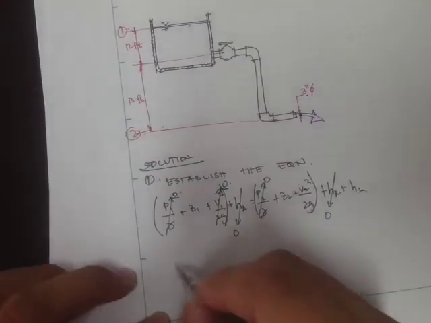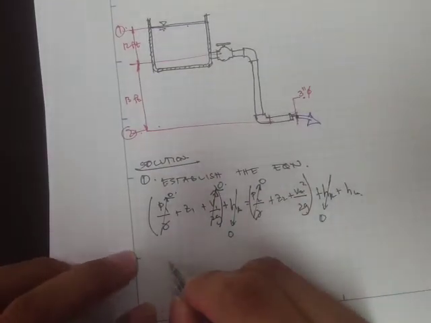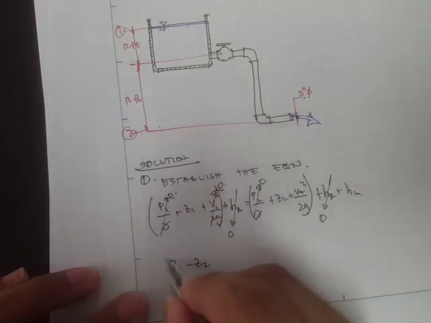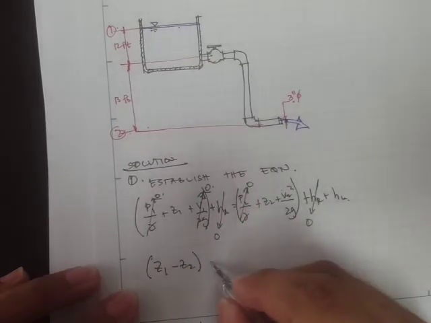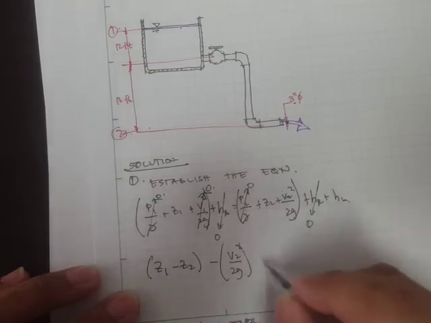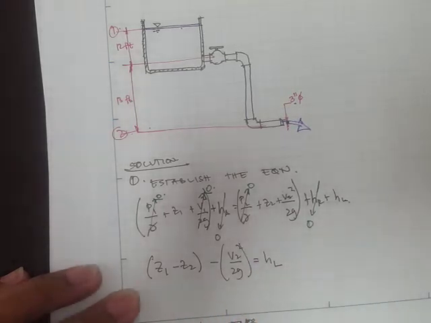So therefore, the equation would just be Z1 minus Z sub 2, minus the velocity head at point 2, is equal to the head loss.